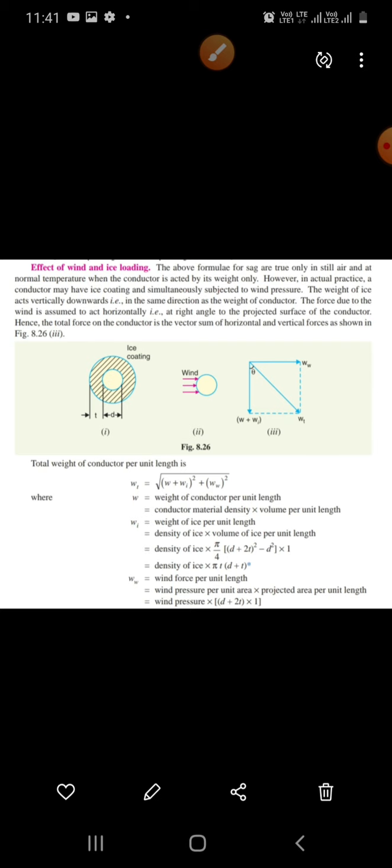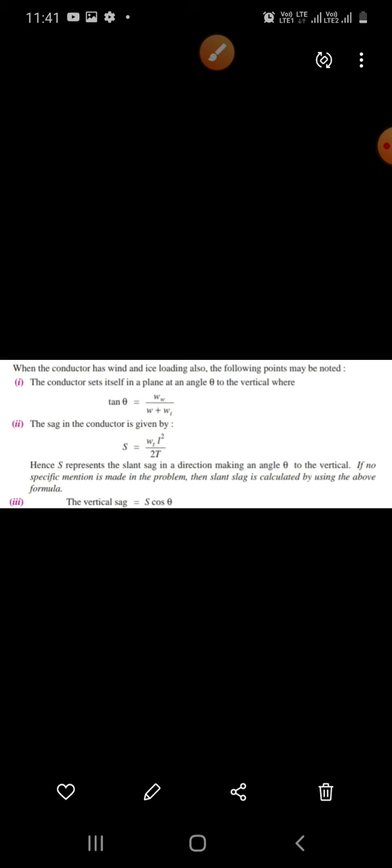When the conductor has wind and ice loading, the following may be noted. The conductor sets itself in a plane at an angle theta to the vertical, where tan theta is equal to ww by (w plus wi), and the sag in the conductor is given by S is equal to Wt L square by 2T.